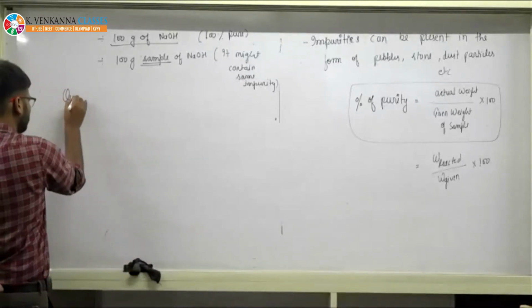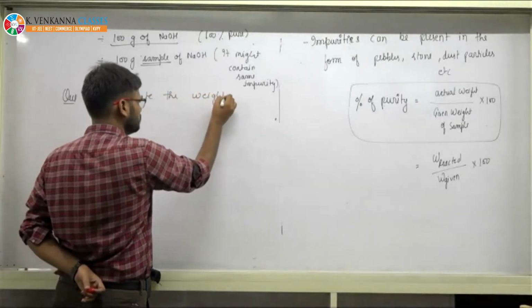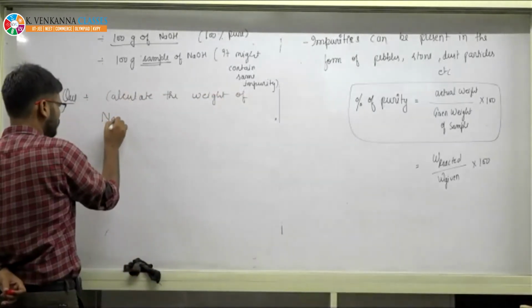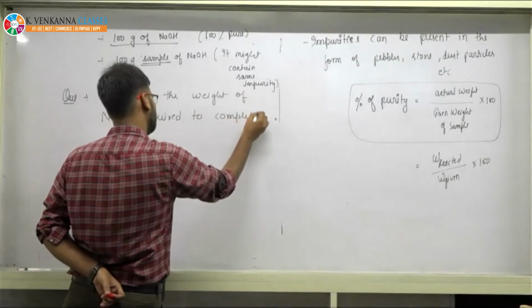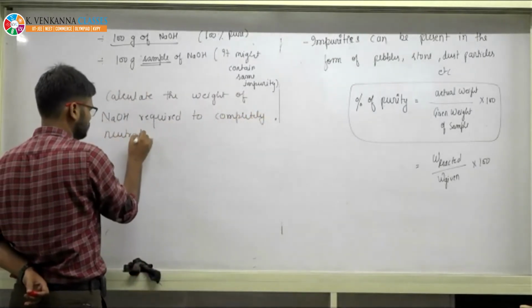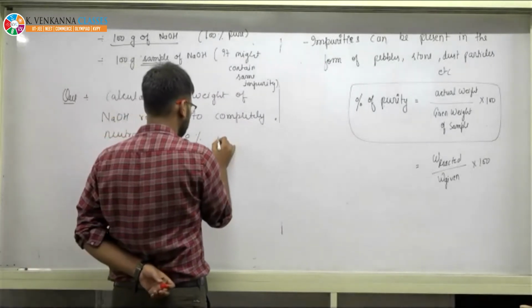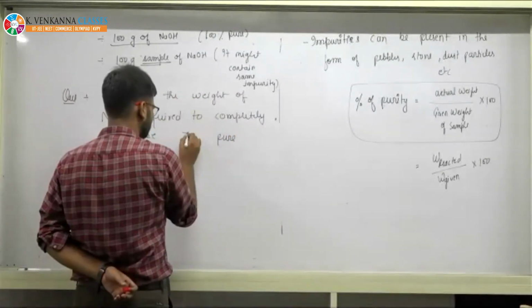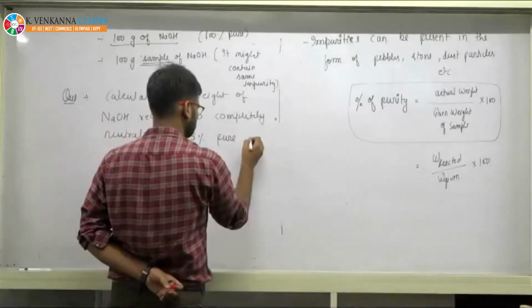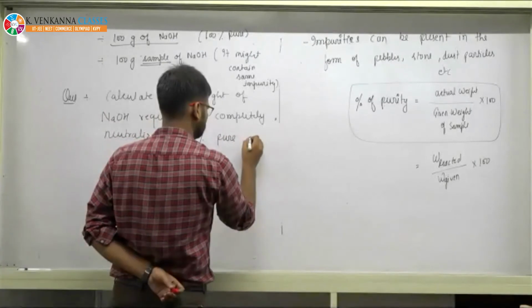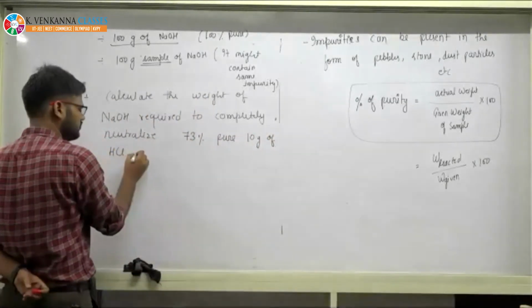So I'm giving you one question. It says, calculate the weight of NaOH required to completely neutralize 80% pure, or 73% pure, take 73% pure, 10 gram of HCl sample.